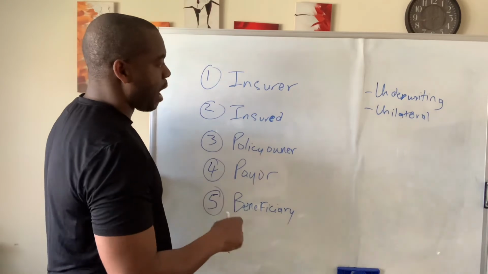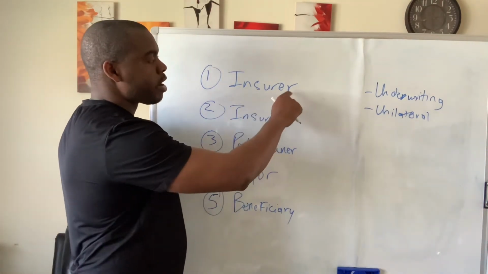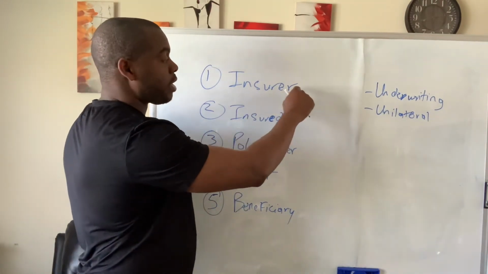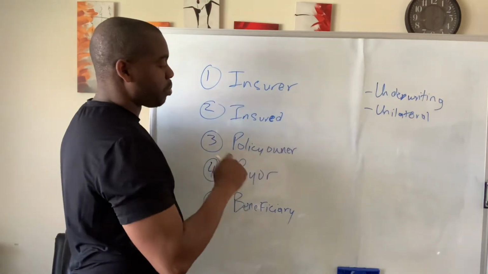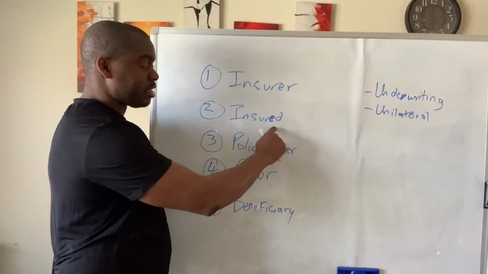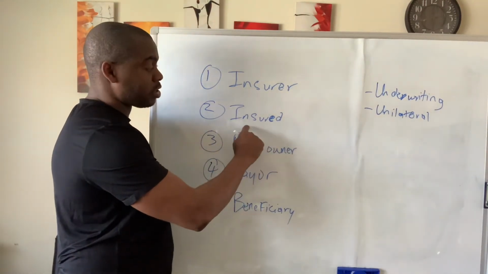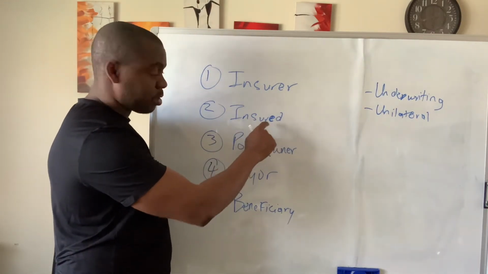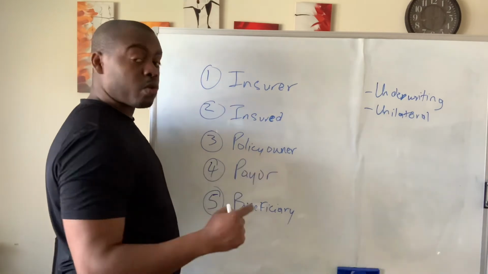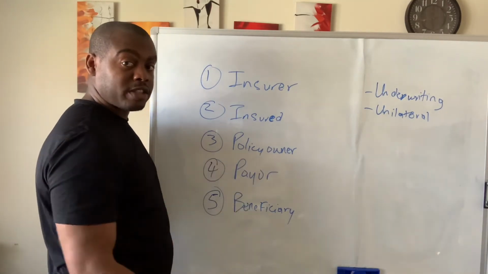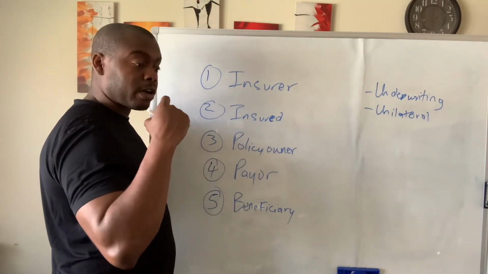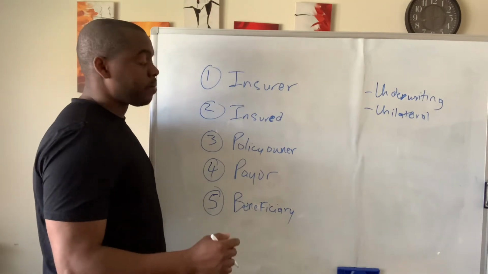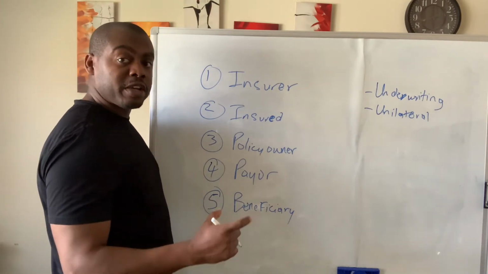So just to recap again, the insurer is the insurance company, the company that's going to put the insurance on the person's life. The insured is the person that the insurance is going to be on. That's the person that has to be in good health. The policy owner is the one that owns the policy, has the rights to the policy, could borrow against the policy, could change beneficiary. They own it.